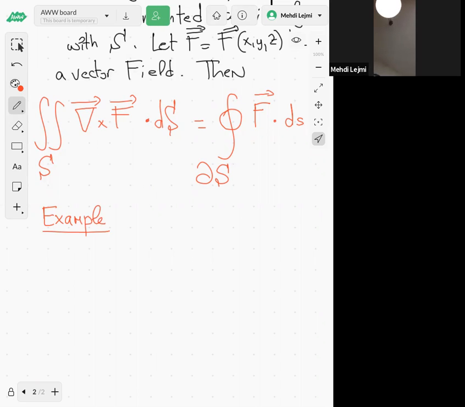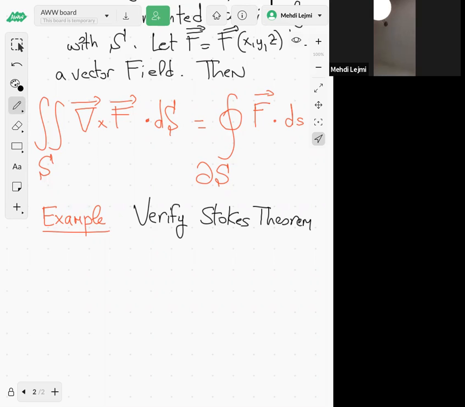So in this example, we're going to verify Stokes' theorem. Oh yeah, by the way, guys, when I say verify, like in the homework problems, for example homework number 4 where we have to verify Green's theorem, we have to compare both sides of the equation.